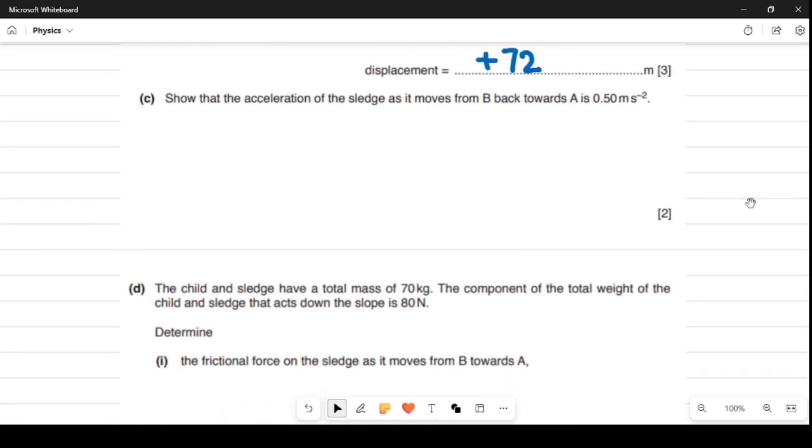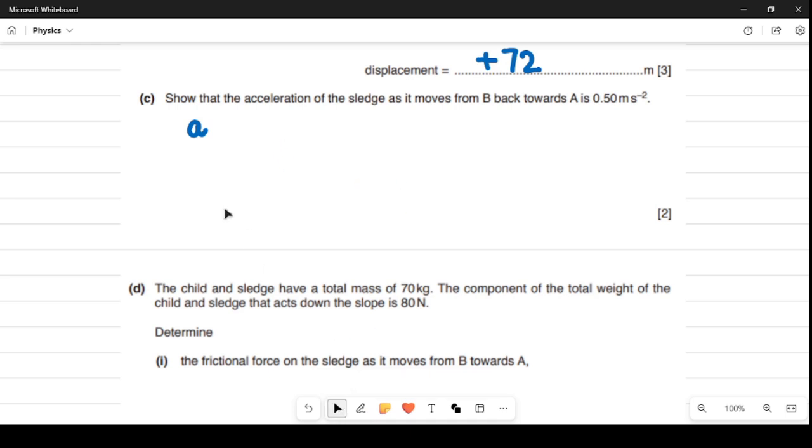Okay, show that the acceleration of the sledge as it moves from B back towards A is 0.5 meters per second squared. So you have to calculate the acceleration, right?